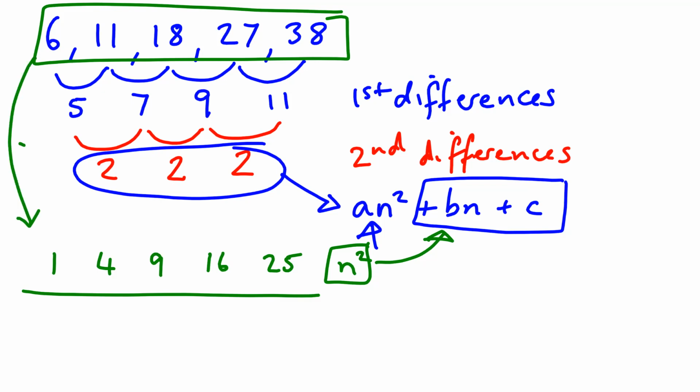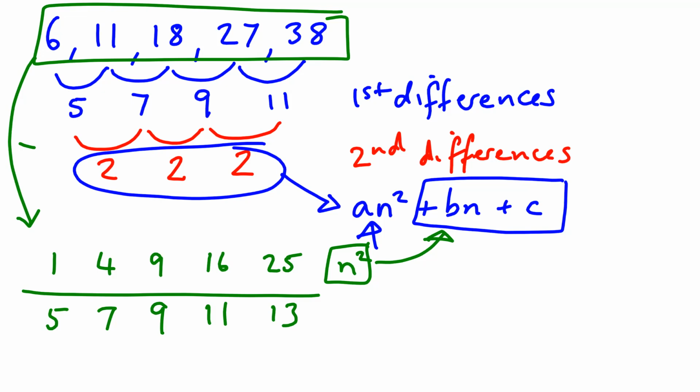If I do 6 take away 1, I get 5. If I do 11 take away 4, I get 7. If I do 18 take away 9, I get 9. If I do 27 take away 16, I get 11, and if I do 38 take away 25, I get 13.